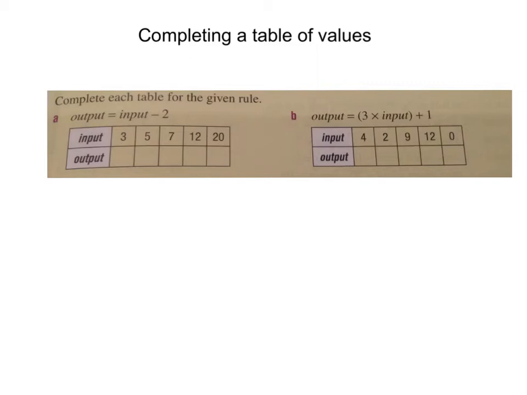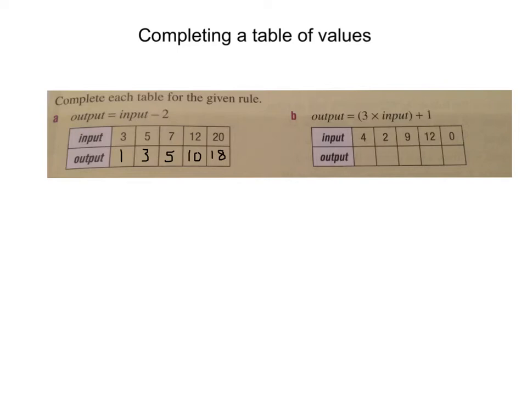So for each of these different inputs, we're going to put them into the rule. So our first one, our input of 3, so our output is equal to the 3 take away 2, which is 1. When our input is 5, our output is equal to 5 take away 2, which is 3, and so on. And so we can fill in the rest of the table.